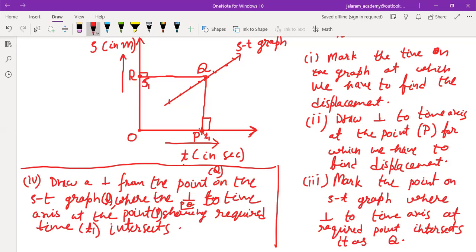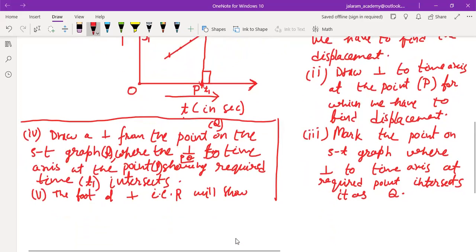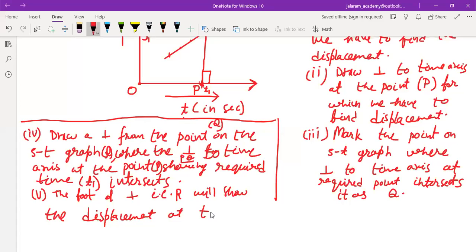Now R is the foot of the perpendicular which will show the required displacement. So in the next line we write: the foot of perpendicular, that is R, will show the displacement at T1.